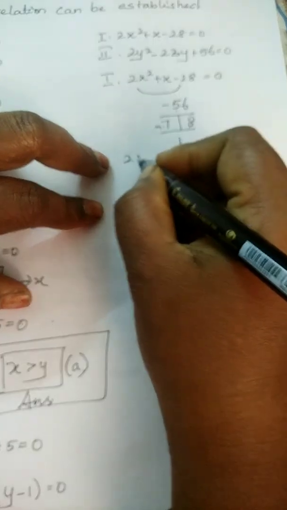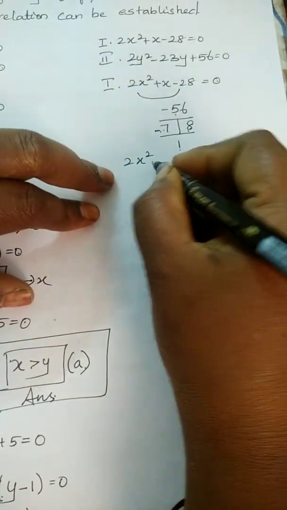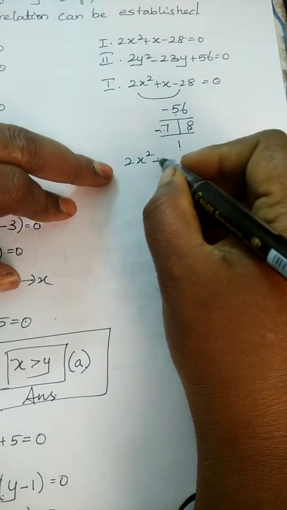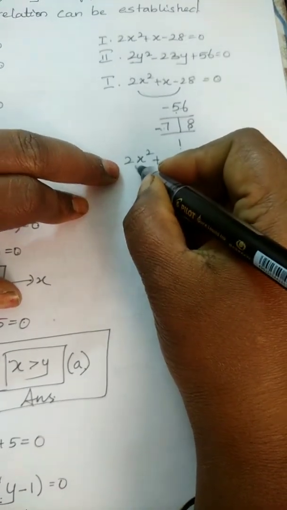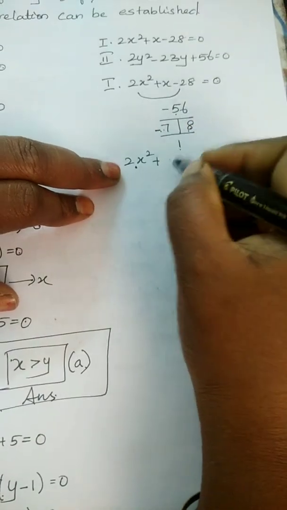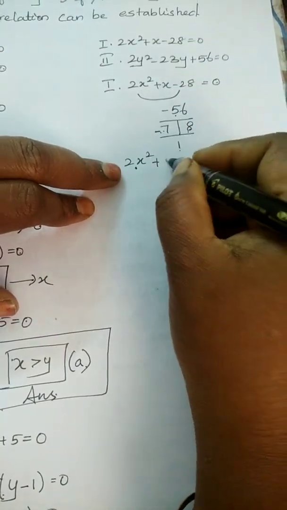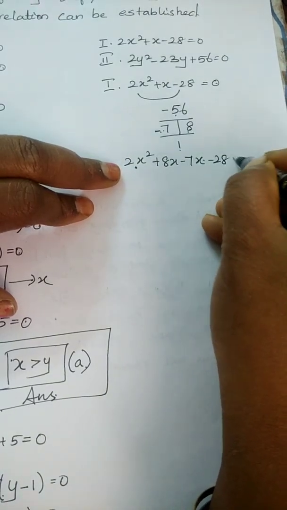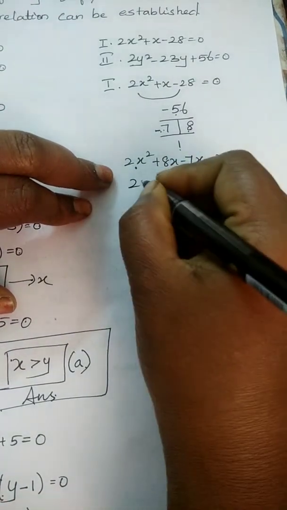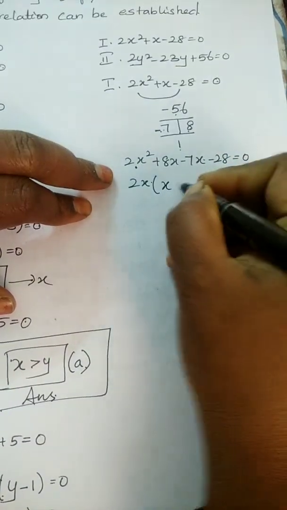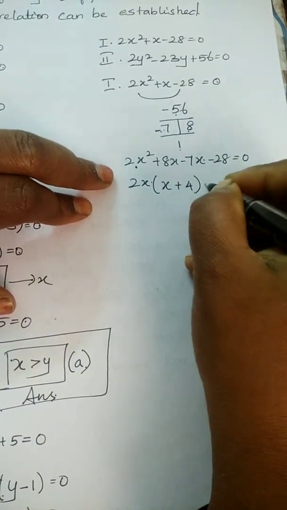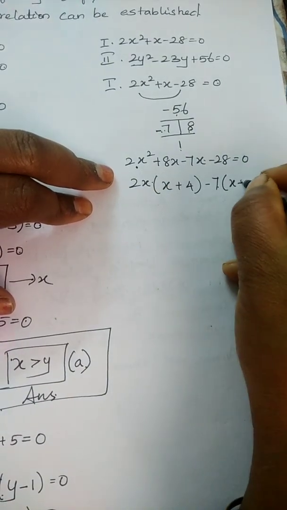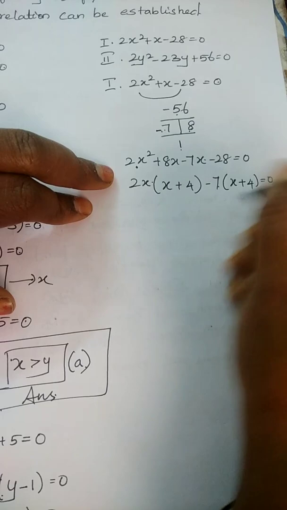Okay, now write these split term numbers here. Minus 7x, or you can write plus 8x minus 7x minus 28 equal to 0. Now 2x as a common one, x plus 4, minus 7 as a common one, x plus 4 equal to 0.